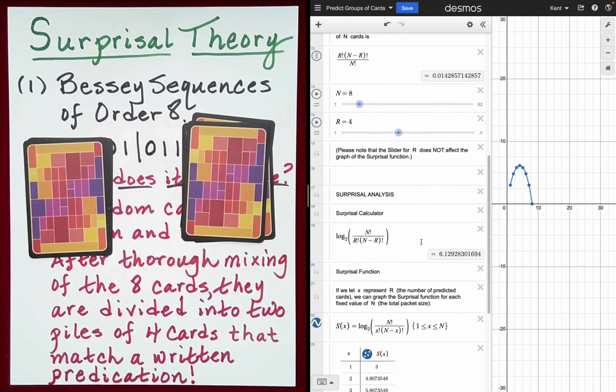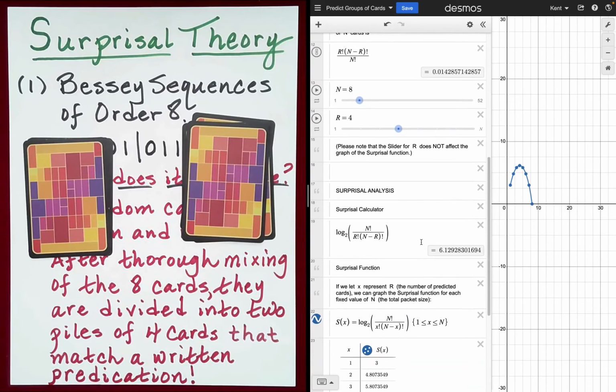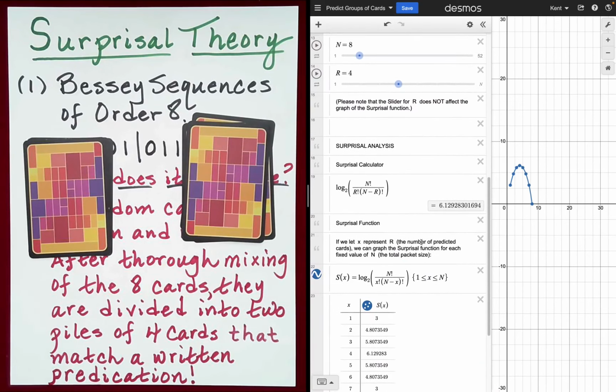So recall, the surprisal value for a random event is equal to log base 2 of 1 over the probability that that random event occurs. So here, what I've done is I've replaced R with the variable X so that we can graph it and also create a table of surprisal values.